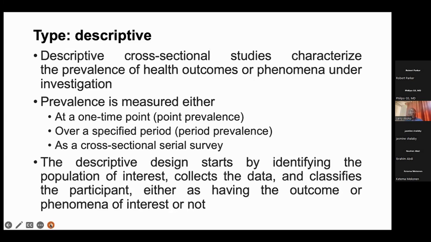Or you do a serial survey where you do it repeatedly in the same population, the same people you studied, to see how they are changing over time. So the descriptive design starts by identifying the population of interest, and then you collect data from that population, and then you classify the participants as having your exposure of interest or not, or having your outcome or phenomena of interest.